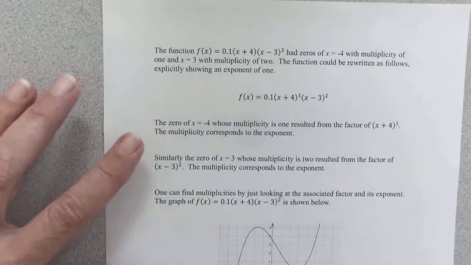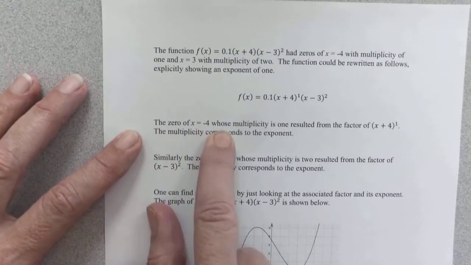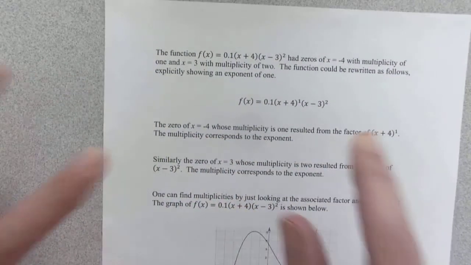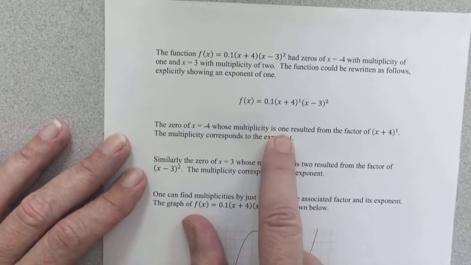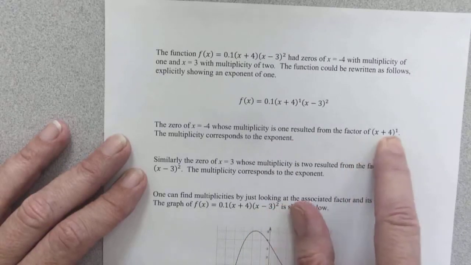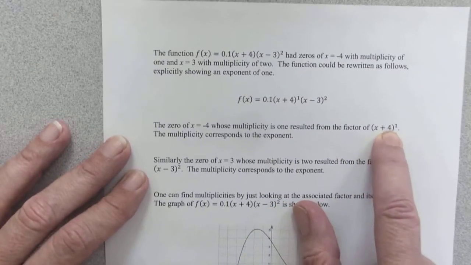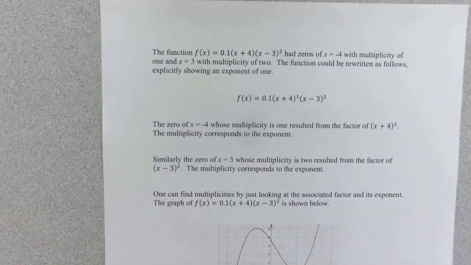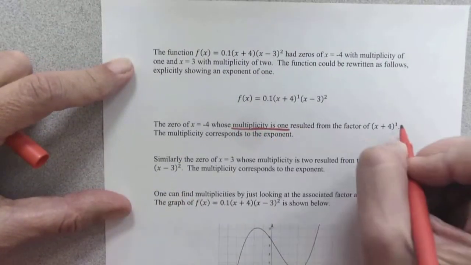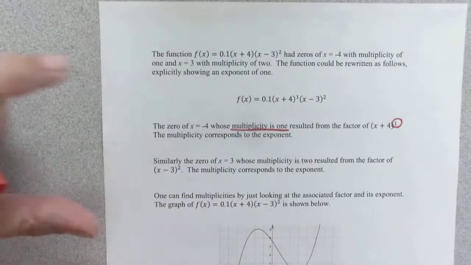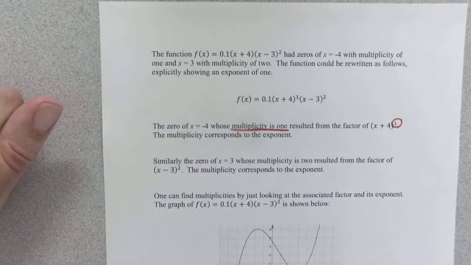But the point here: the zero of x equals negative 4, whose multiplicity is 1, resulted from this factor, x plus 4 to the first. Notice that the multiplicity of 1 was the same as that exponent.